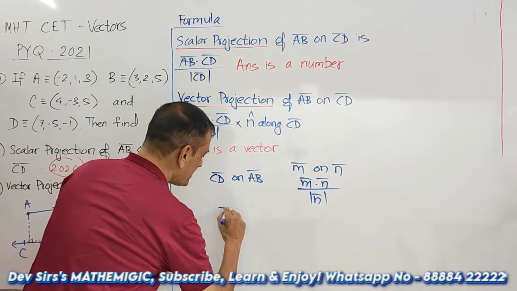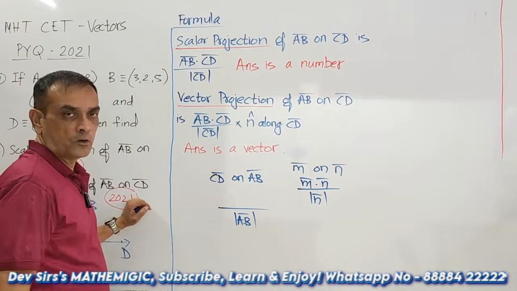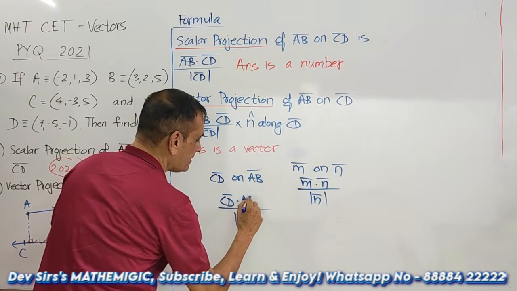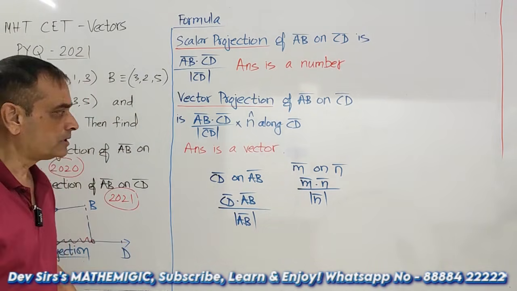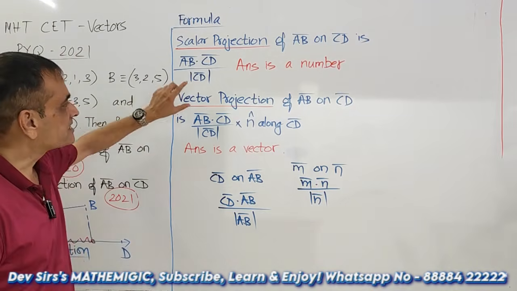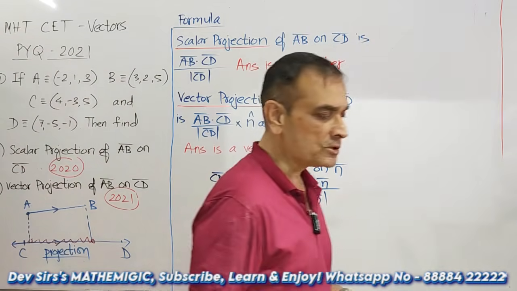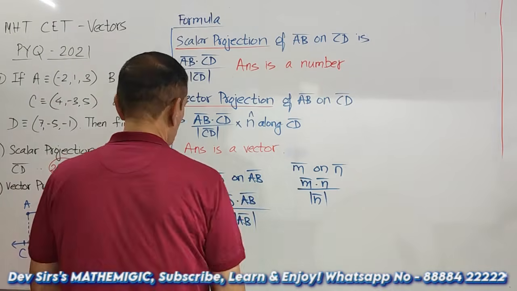So on AB means पहले denominator लिख लो, upon AB. ऊपर क्या आएगा? CD dot AB. This stands for magnitude. So this is the main formula for scalar projection. Vector projection I'll explain when we come to that. Clear? So let us find the answers now.